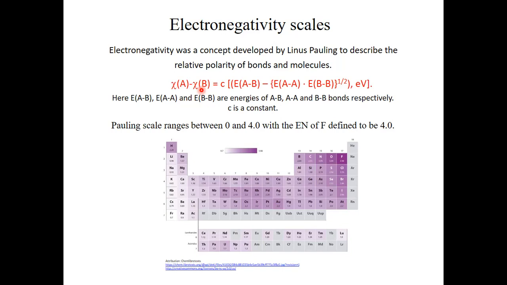So low electronegativity would mean low ability to attract the electron in the chemical bond, and high electronegativity would mean high ability to do the same.